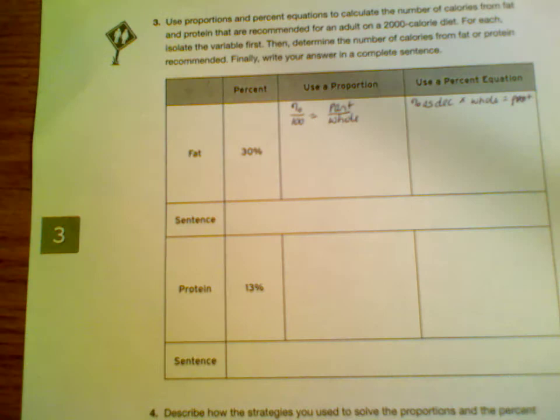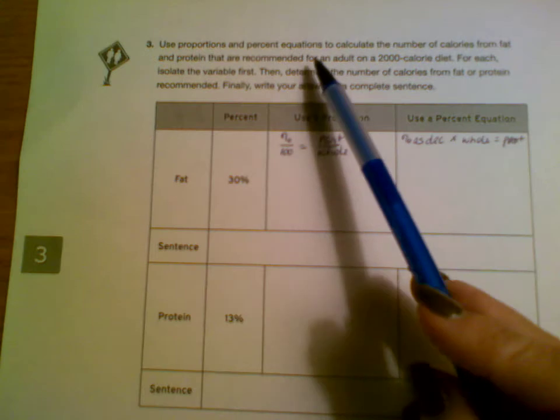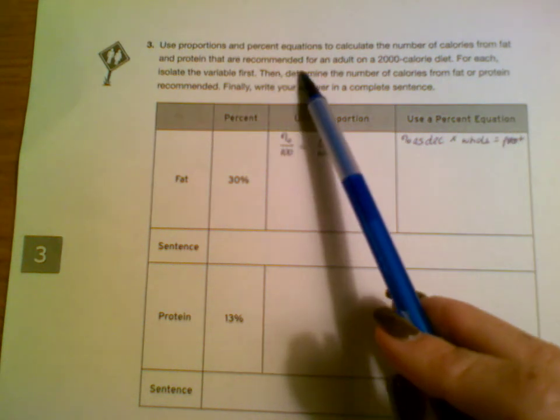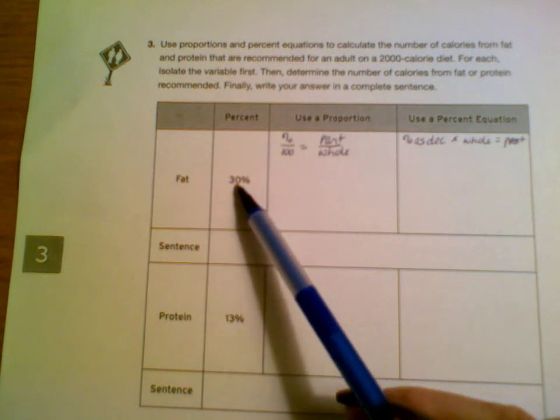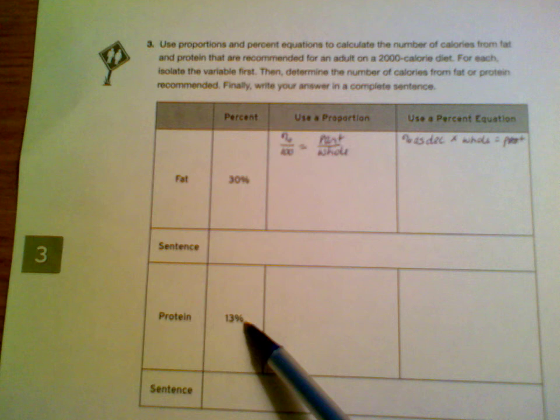So now we're going to try using these. It says to use the proportion and percent equations to calculate the calories from fat and protein that are recommended for an adult on a 2,000 calorie diet. They tell me here, fat, we want 30%, protein 13%.